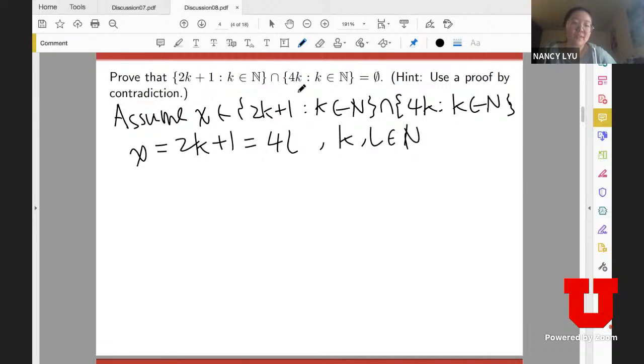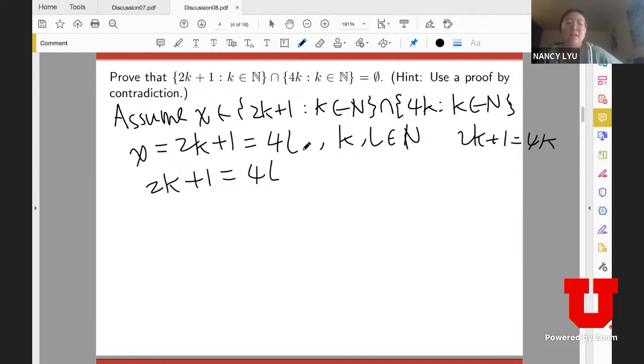They are two different sets. So 2k plus 1 equals 4k doesn't mean that k equals k here. They can be the same or different. So that's why we want to use another variable to be more clear. And then we can say 2k plus 1 is equal to 4l.